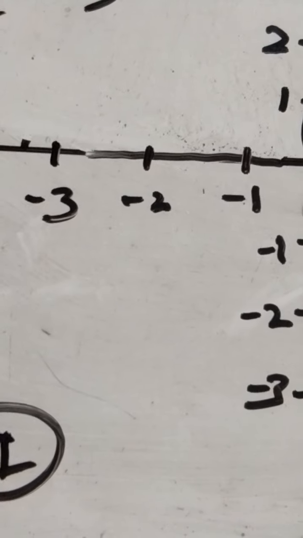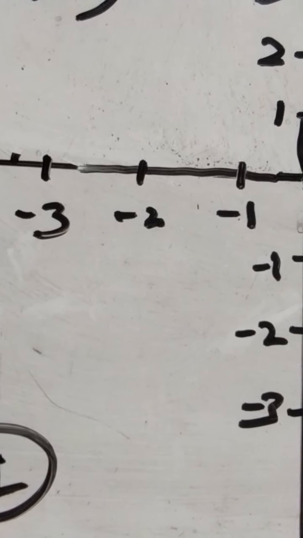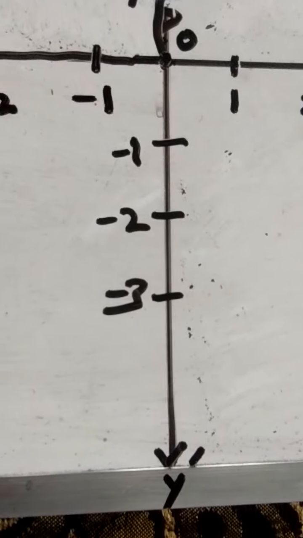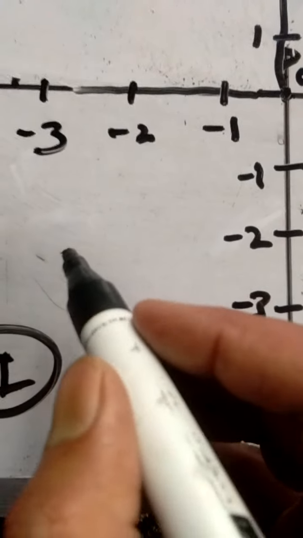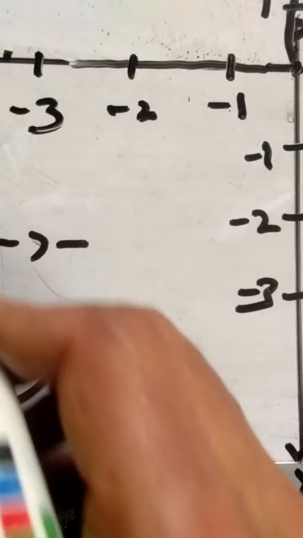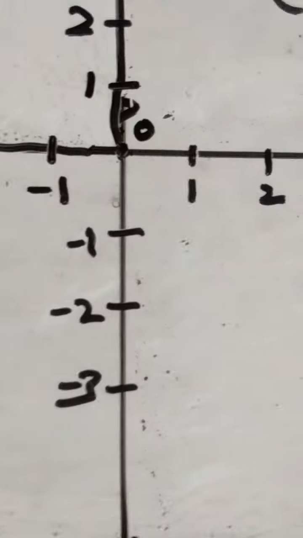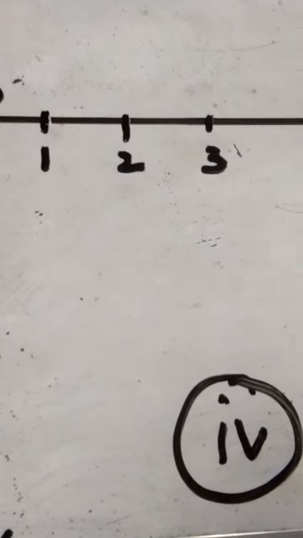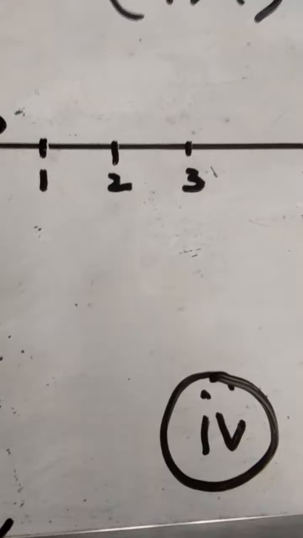And now in the third quadrant, towards x-axis we have negative numbers, and towards y-axis we also have negative numbers, so we represent this by --. And in the fourth quadrant, towards x-axis we have positive numbers 1, 2, 3, and towards y-axis we have negative numbers -1, -2, -3.